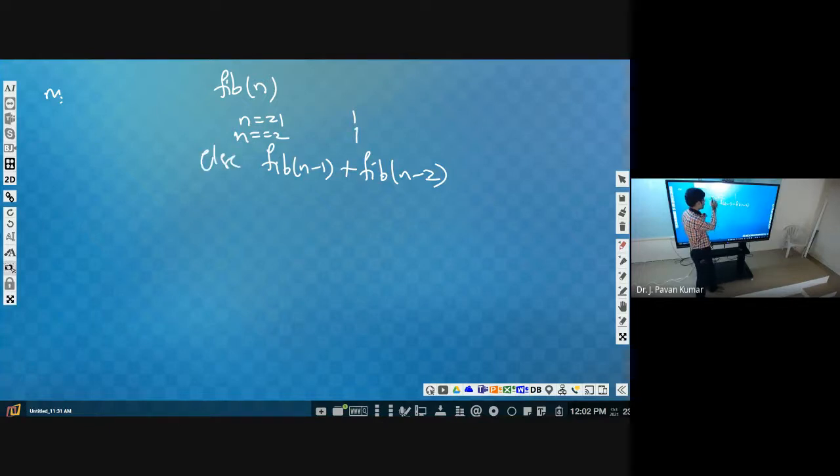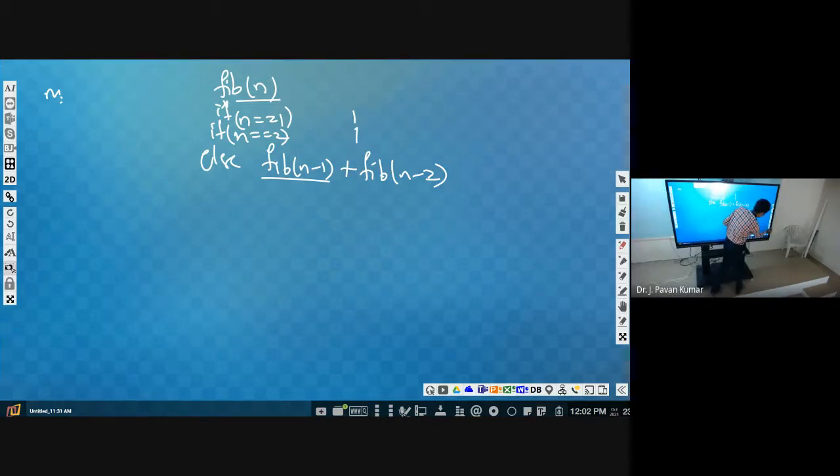Otherwise, we calculate like this: if n is 1, then 1. If n is 2, 1. Else, we calculate like this. Here we are solving the Fibonacci problem in terms of the same kind of sub problem, isn't it? So, is this a recursive function or not? Yes, got it.